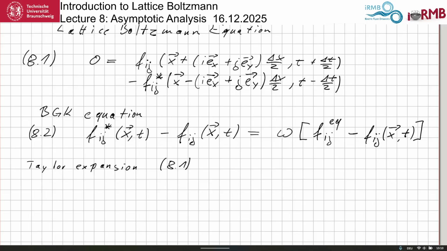If we do a Taylor expansion, we always have a development point, and our development point is x and t. So this is the point where the collision takes place, the lattice node at collision time.